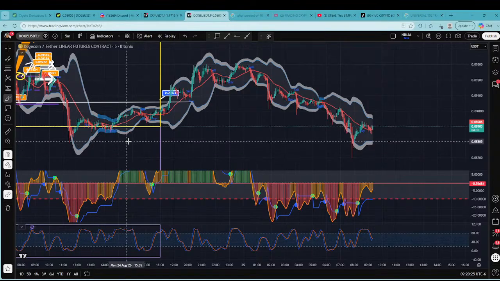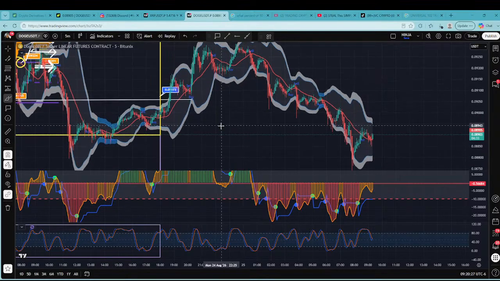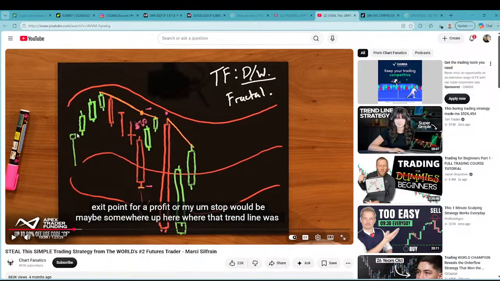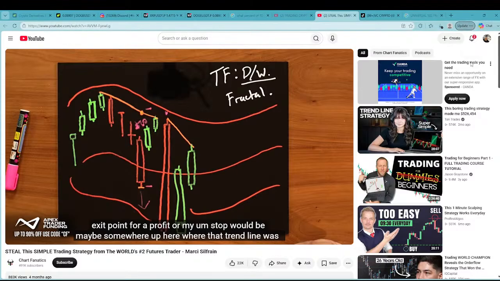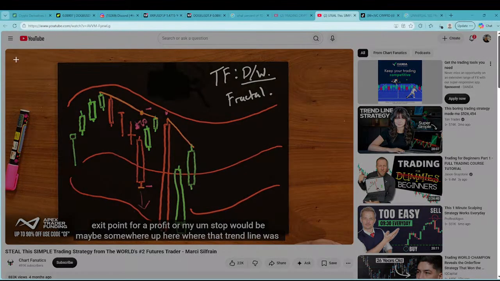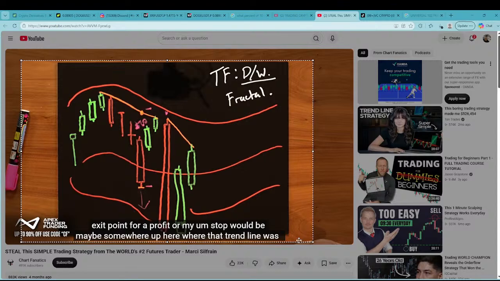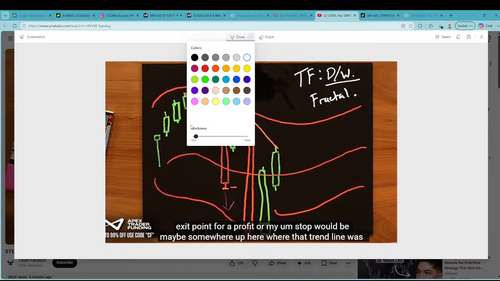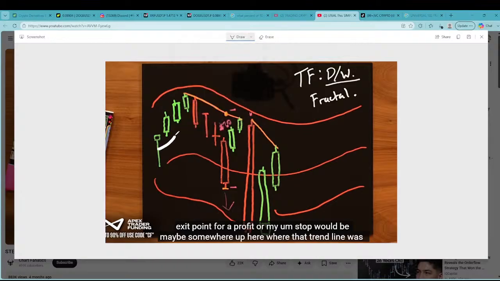But let's take a look here. Now remember the technique is this one right here. All right, so I'm gonna screenshot this real quick. And the ideal is there's a move up. There's the pullback. So we have 1, 2, 3 comes up.